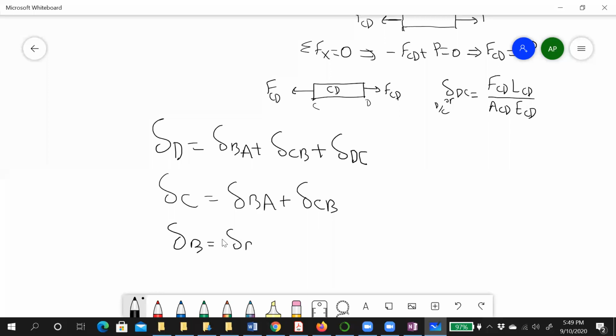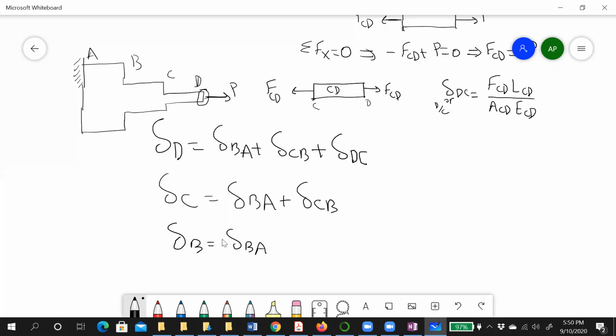But the more important thing is the point at the end, the delta D, right? Because right now we have something like this. So this is point D, this is point C, this is point B, this is point A. And we have a force here, right?